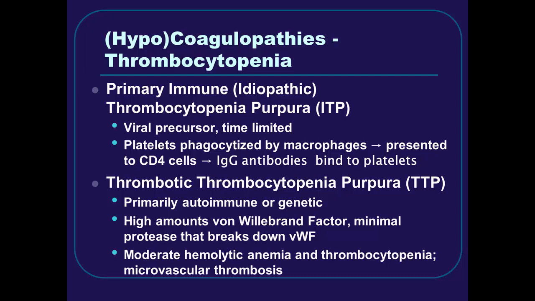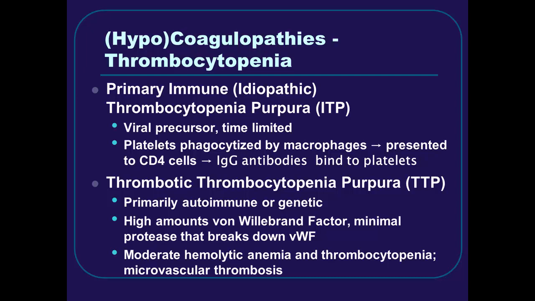Forgive me, but I'm going to refer to these as ITP and TTP, but it's important that you be able to spell it out all the way, and I know you'll do that in your study. So when we talk about ITP, this is much more common than TTP.